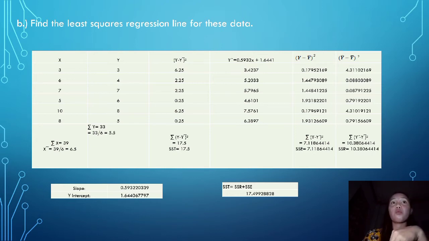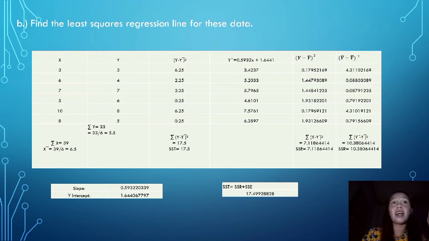First formula is y minus y bar, then squared. So we substitute it. Y is equal to 3, then minus y bar, which is equal to 5.5. The total summation of y. So 3 minus 5.5, then squared, the result is 6.25.